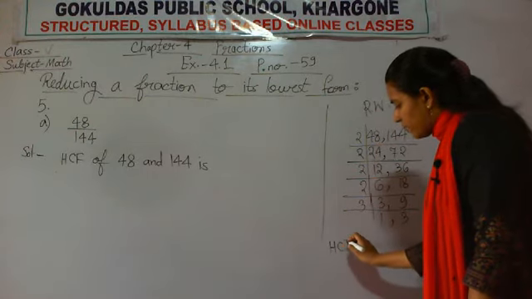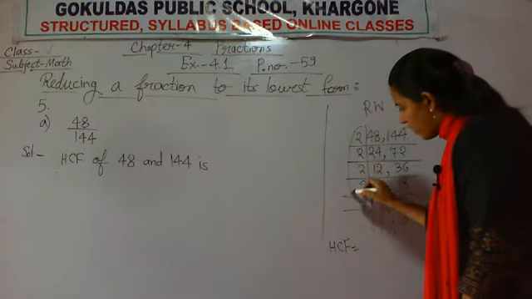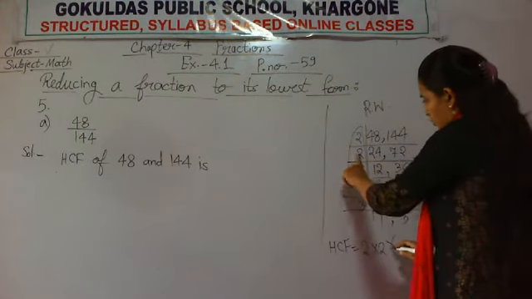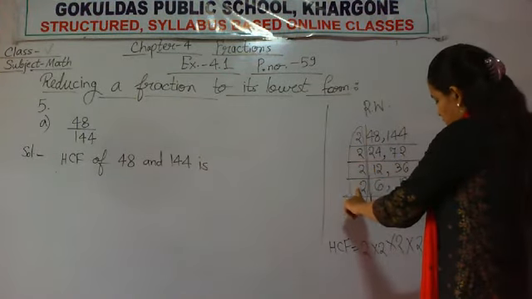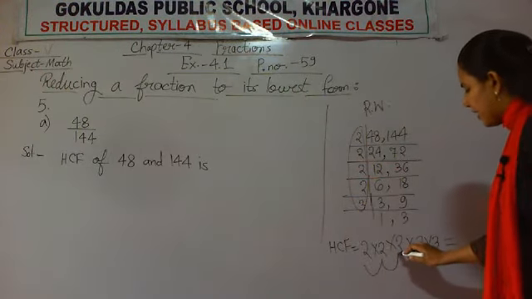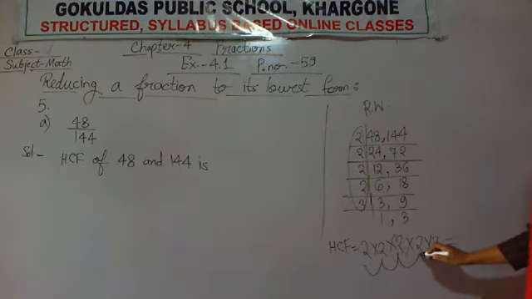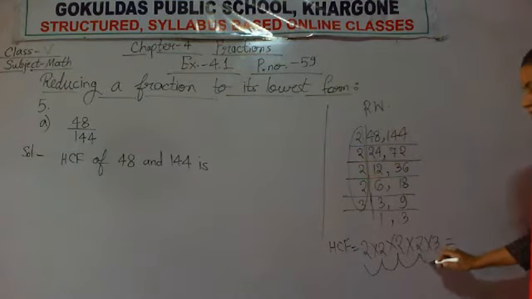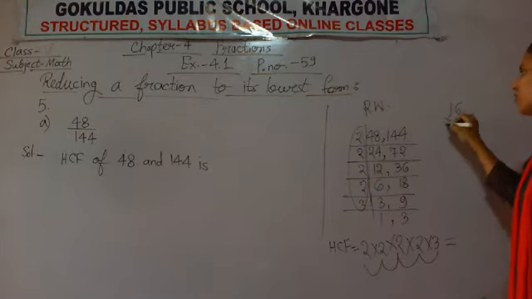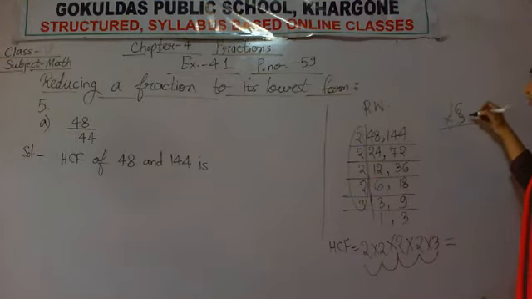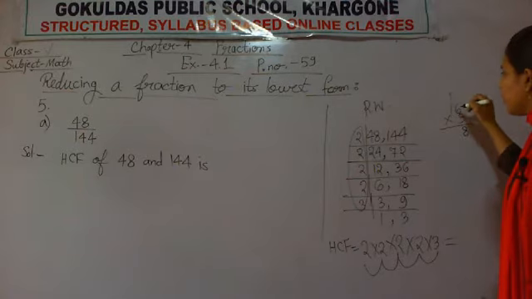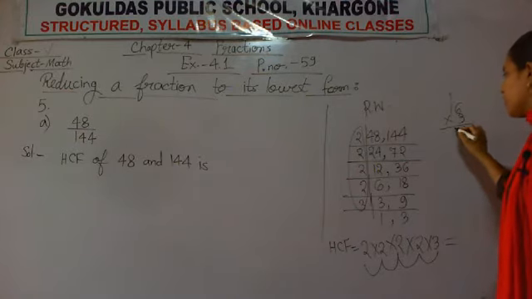So HCF will be the product of all these numbers: 2 multiplied by 2 multiplied by 2 multiplied by 2 multiplied by 3. 2 2s are 4, 4 2s are 8, 8 2s are 16, and 16 3s are, if you don't know then you can do the multiplication inside. 3 6s are 18, 1 carry, 3 1s are 3 and 1 is 4.